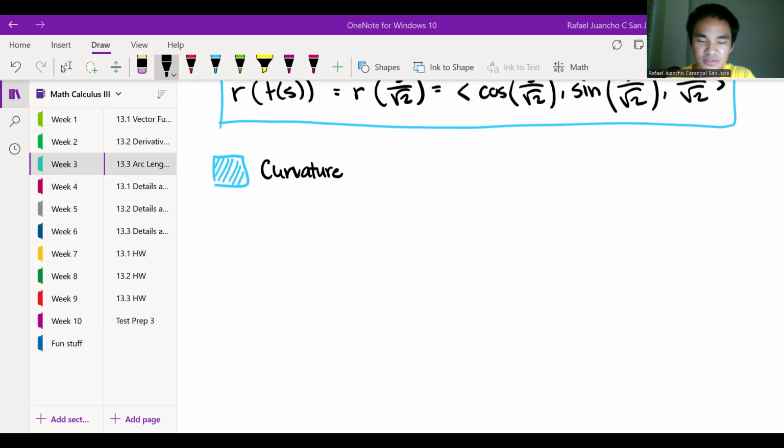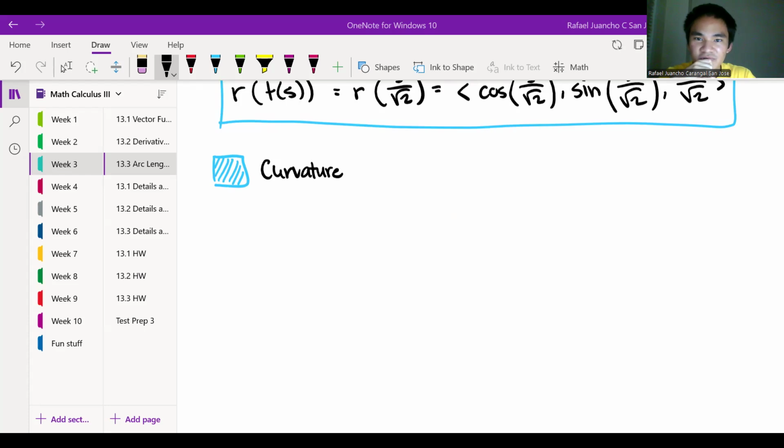Yeah, it's pretty long. Actually, before I move on to curvature, I might stop the video here. Because I might just move on to the exercises.